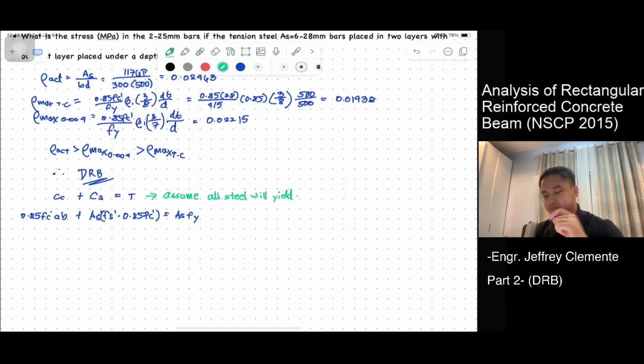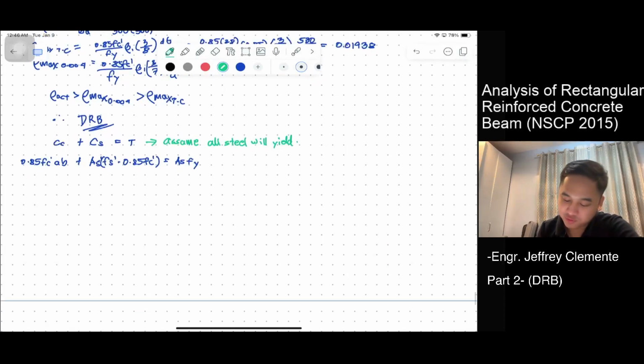Assume lang yan, ha? Check natin mamaya. If all steel will yield, all FS will be equal to FY, diba? So, gawin natin to. Solve for A tayo ngayon. 0.85 FC prime is 28. A is unknown. B is 300. Plus AS.